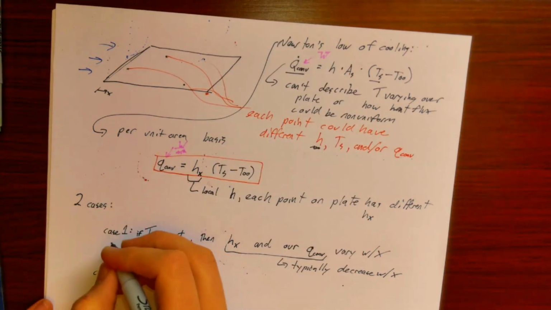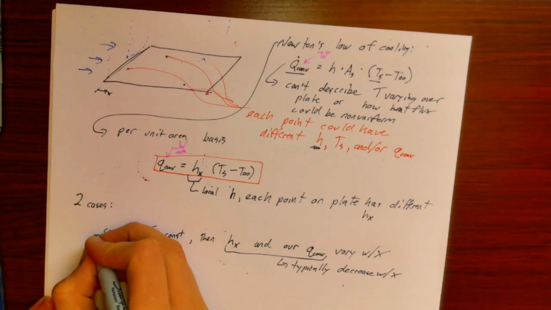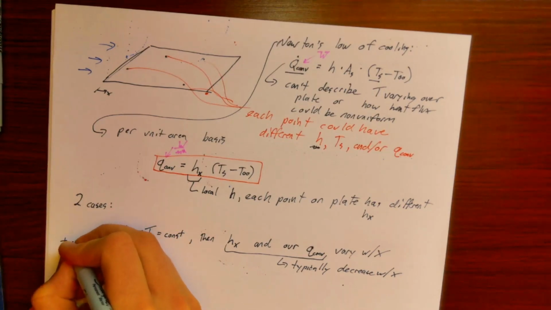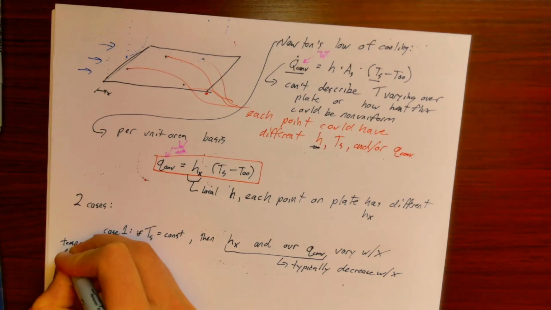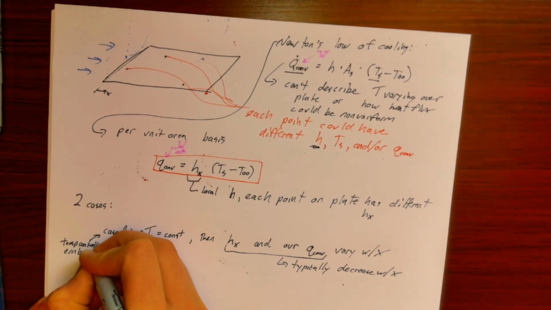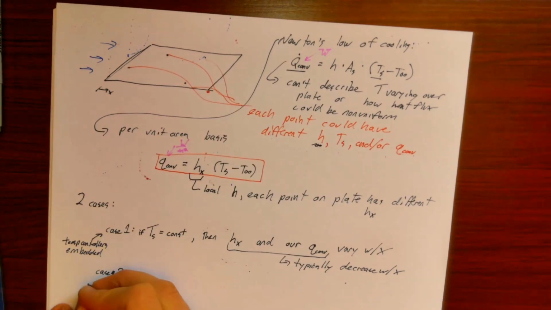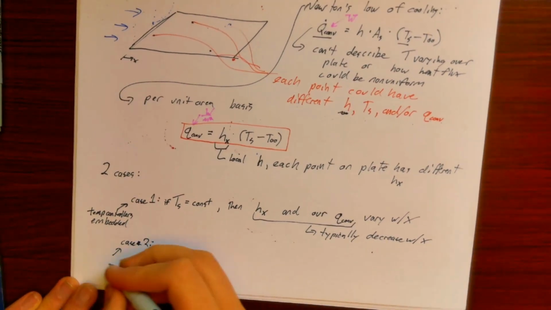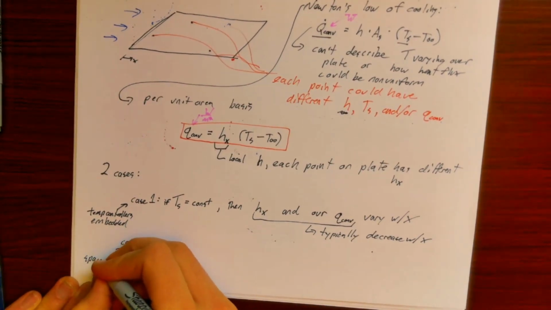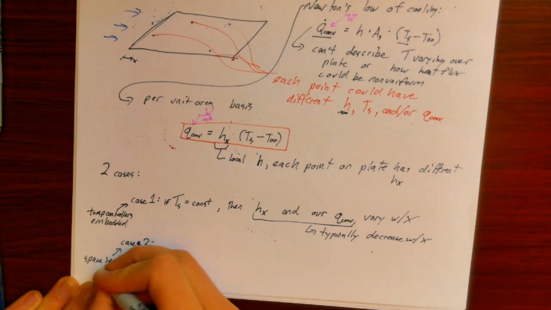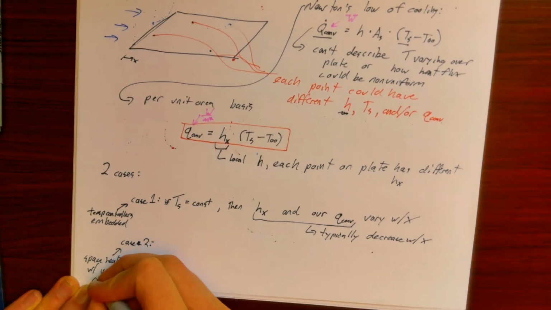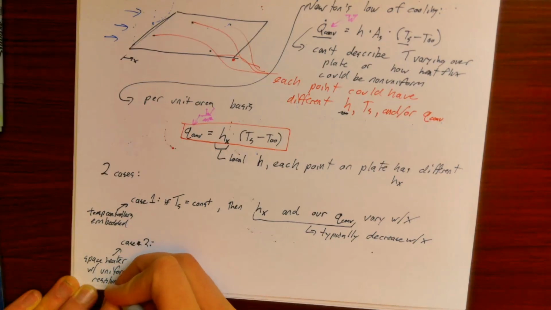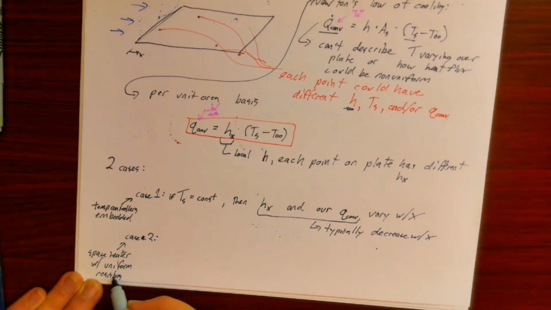So case 1 is, let's say, like we had a temperature controller embedded in the plate. Case 2 might be like a space heater with uniform electrical resistors throughout.